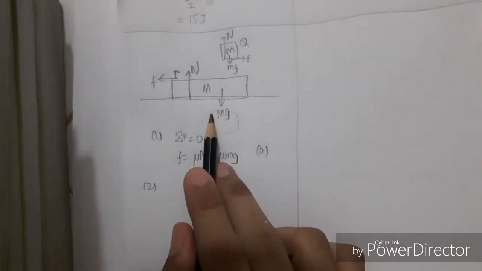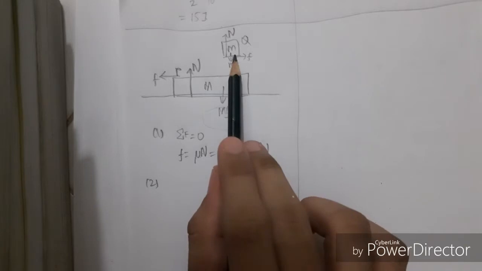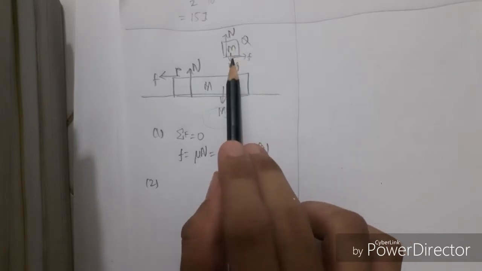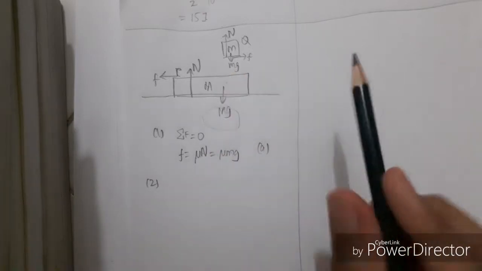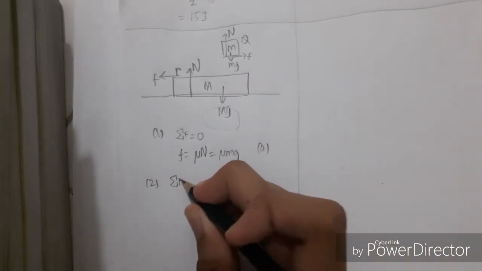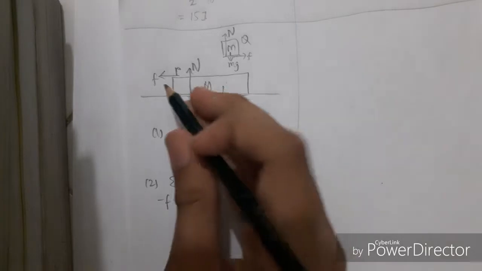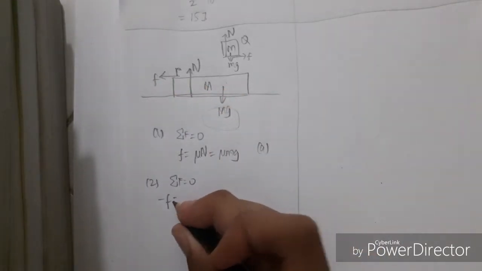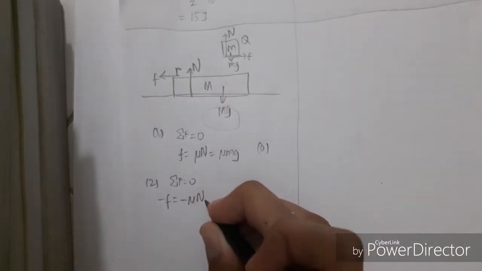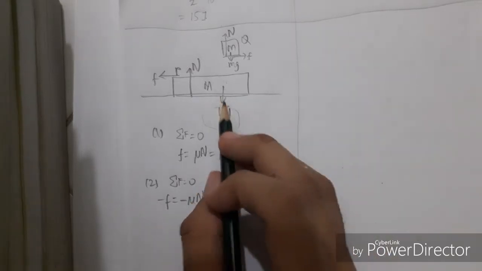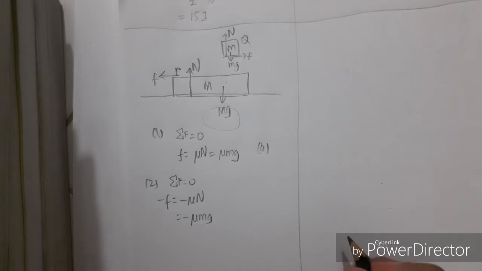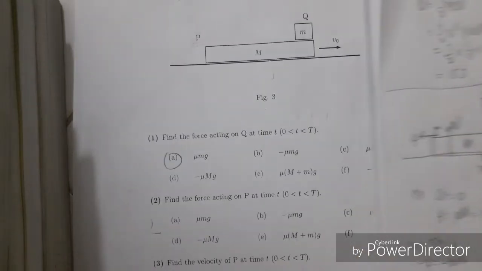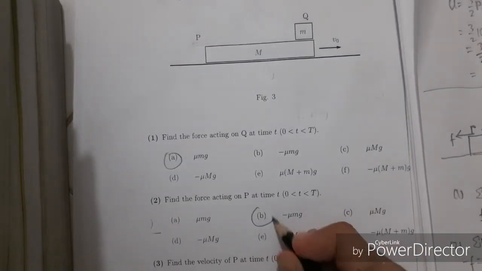It acting on the ground. But for this Q, the weight happens on the block P. So that's why the force is also minus F, right? Because in the left direction. And the N is not capital Mg, but it is little mg.